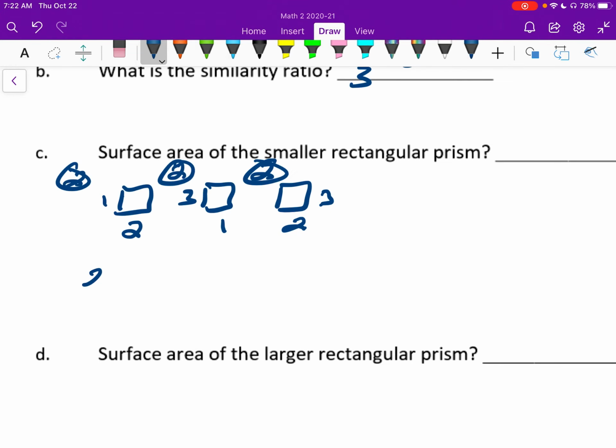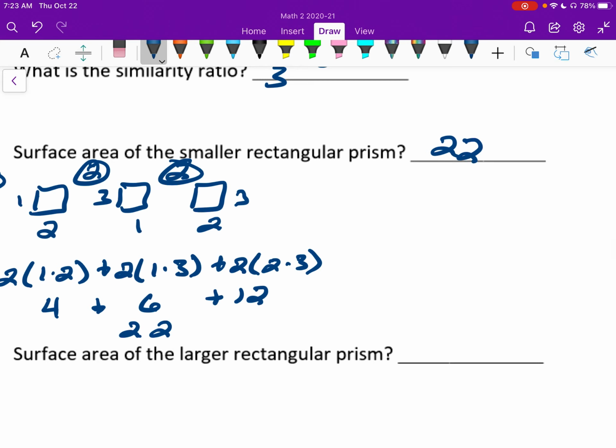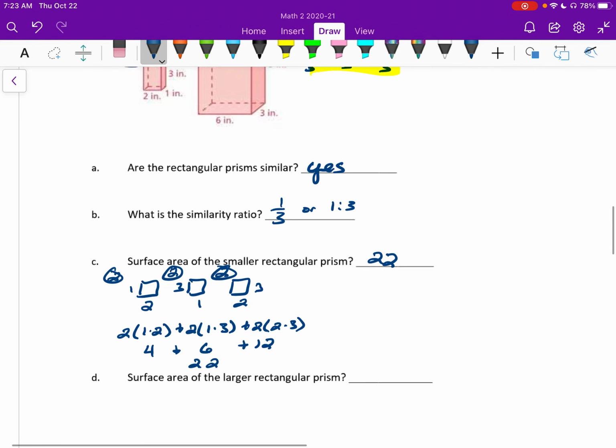This is going to be 2 times 1 times 2 plus 2 times 1 times 3 plus 2 times 2 times 3. So this is going to be 4, 6, 12. So 22. Do we have units on this? Inches squared.